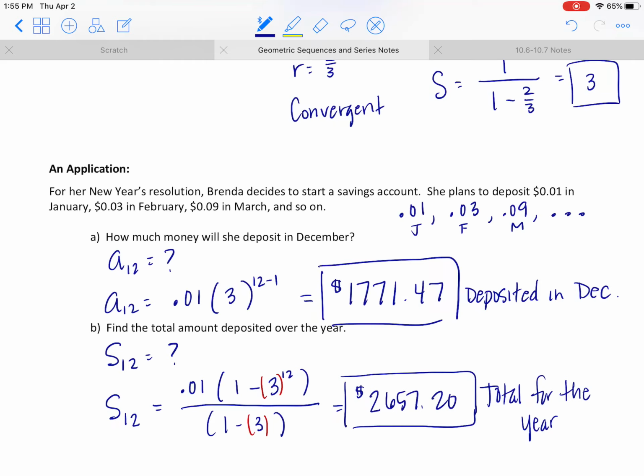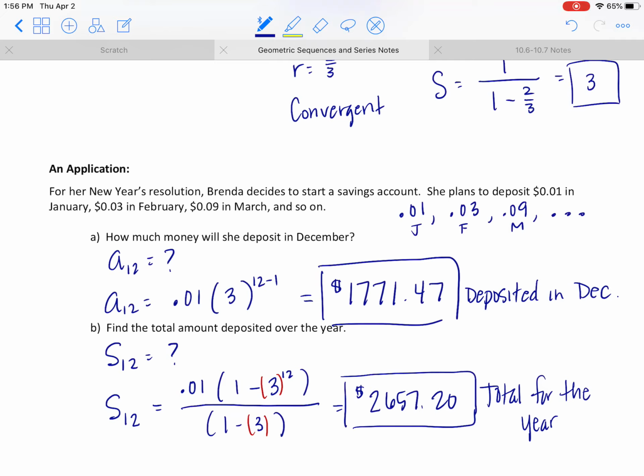So you may have been laughing inside, right, saying, okay, some New Year's resolution, putting a penny in January. Seems a little ridiculous, and it definitely starts out small, but because you're tripling, the amount starts to grow so fast that she ends up with over $2,600 in the account. So I don't know if this is reasonable.